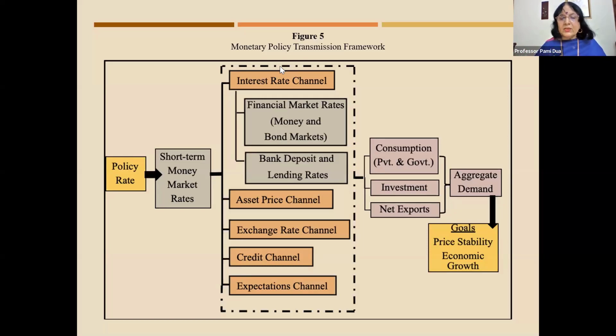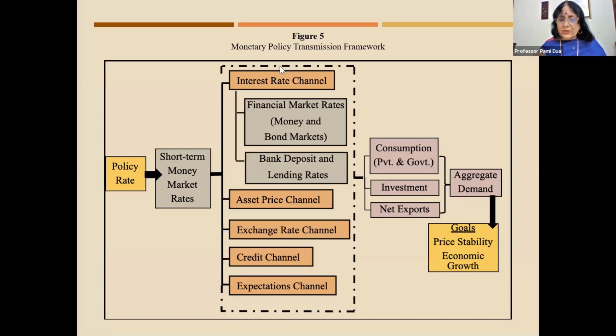Then we have the exchange rate channel. So if the interest rate in our country changes, then our differential with the rest of the world also changes. And if the interest rate differential changes, then the exports and imports also change, and therefore that affects the aggregate demand in the economy. So that is the exchange rate channel. Then we have a credit channel.